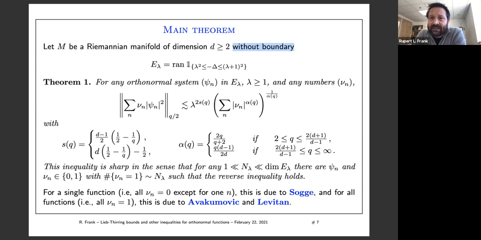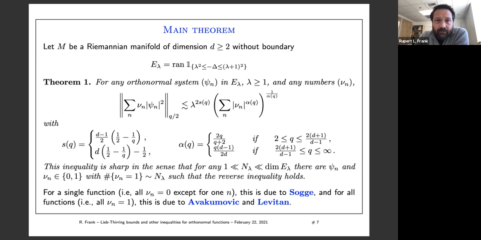That being said, Sogge can't deal with boundaries in the single function case either, so it's no surprise that we cannot do this. There might be some situations with a concave boundary where one can say something, but let's ignore boundaries. And it's perfectly fine if you just think about the sphere. All these theorems are interesting on the sphere, and in some sense, spheres are actually the key thing.